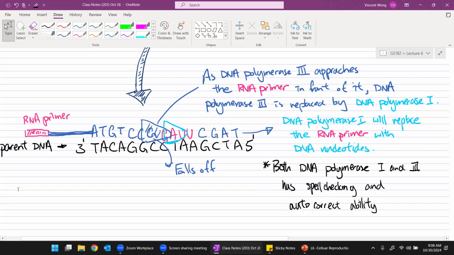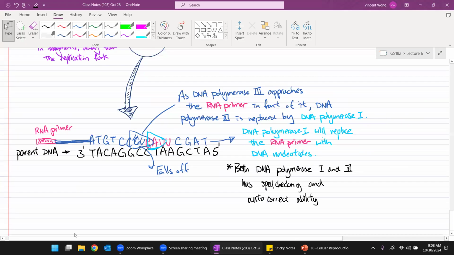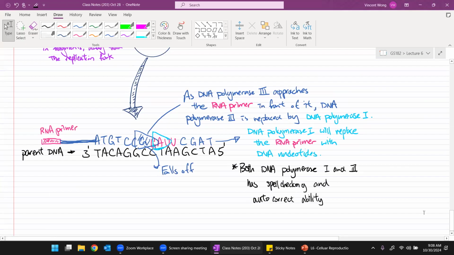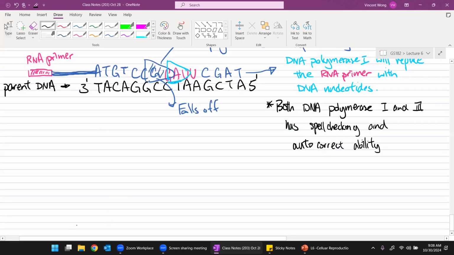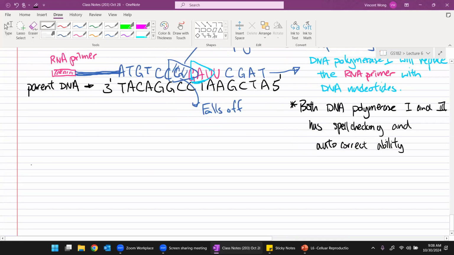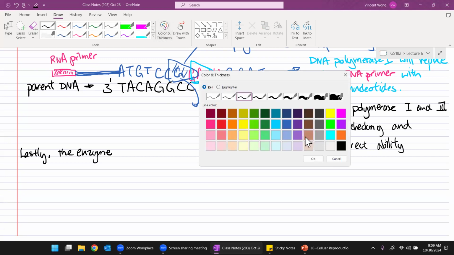All right. Finally, there's one last enzyme. I'm not gonna put it on the picture. It's just gonna be way too much already. So I'm just gonna write it out for you. Finally, lastly, the enzyme. I'm running out of color myself.